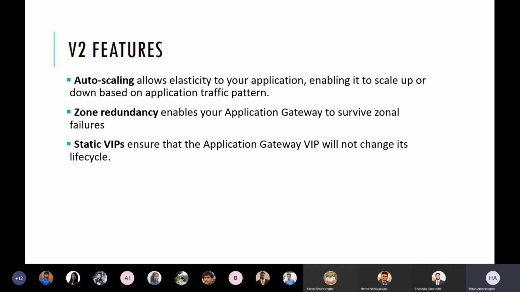But with static VIPs, your application gateway will not change its IP address during its life cycle. This is a main achievement in V2 application gateway. When I'm creating the application gateway, you can see that I have to select the IP addresses, and there you can see the difference when I select V1 and V2.